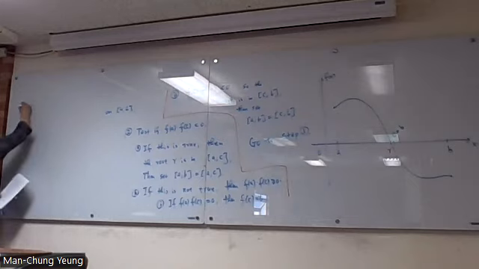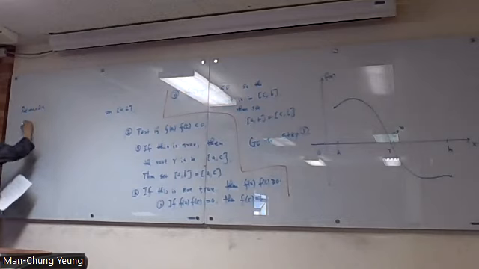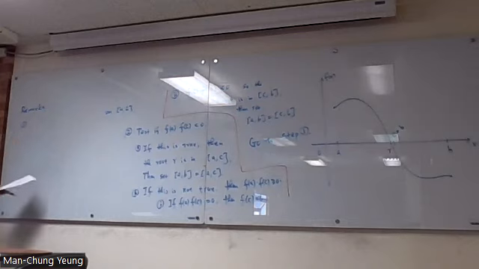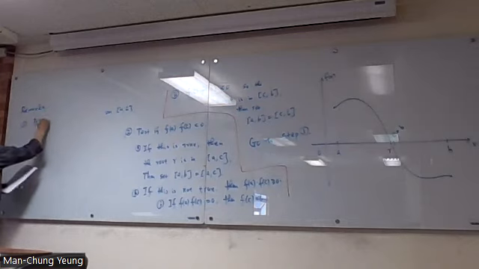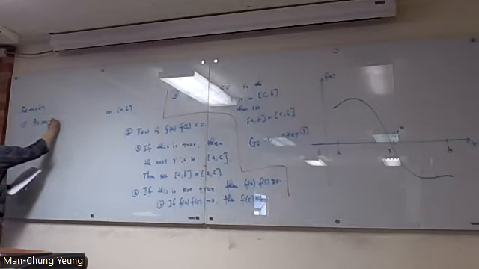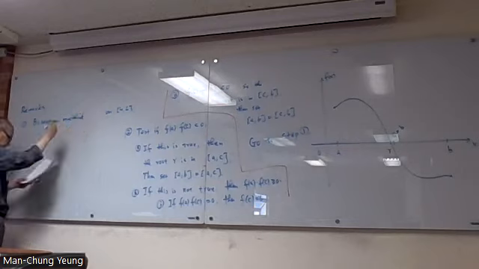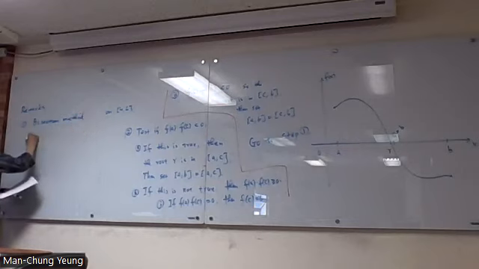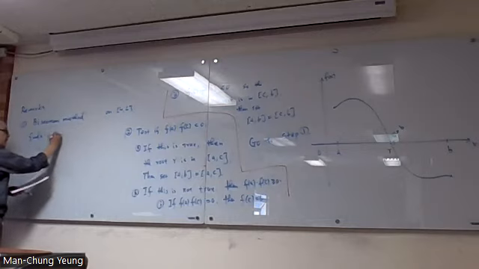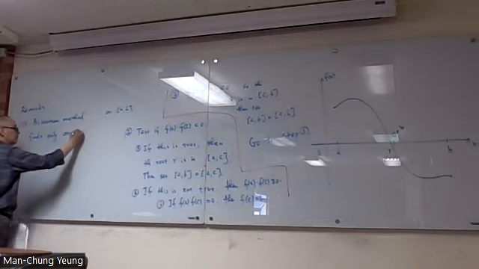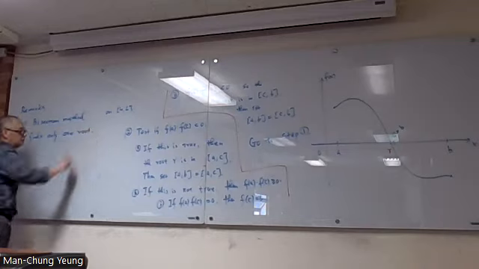Remarks: the bisection method finds only one root.